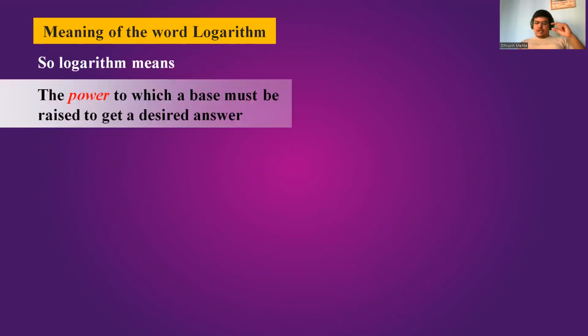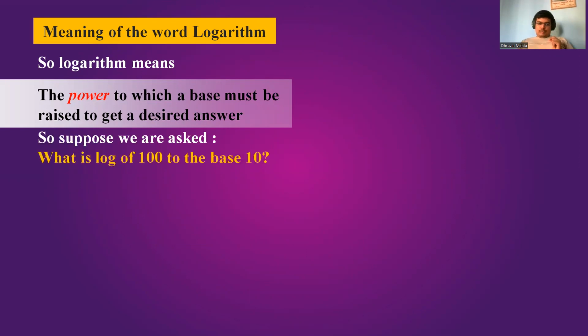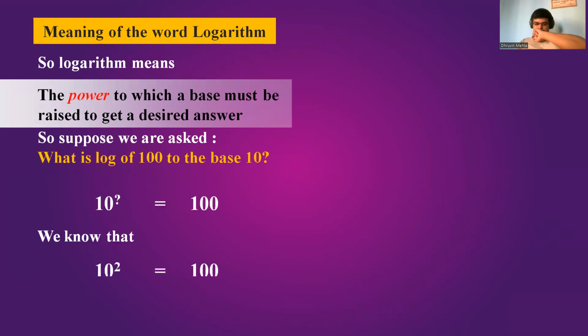For example, if I ask you what is log of 100 to the base 10, then you have to think, 10 raised to which number is 100. We know that 10 square is 100. So then we can say log of 100 to the base 10 is 2.